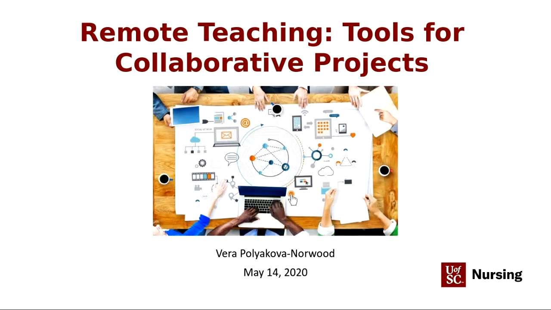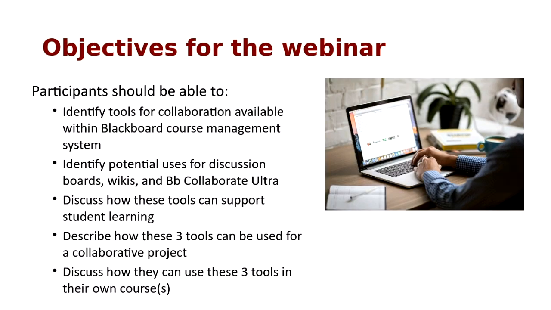And the objectives for the seminar are as follows: that you will be able to identify the tools for collaboration available within Blackboard course management system. So we will stay with what we already have. Identify potential uses for discussion groups, Wikis, and Blackboard Collaborate Ultra.